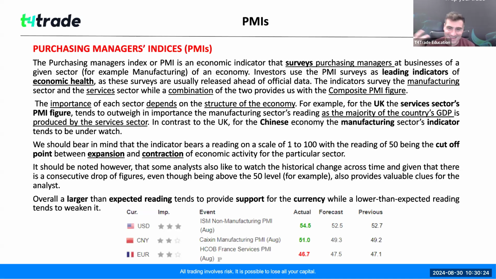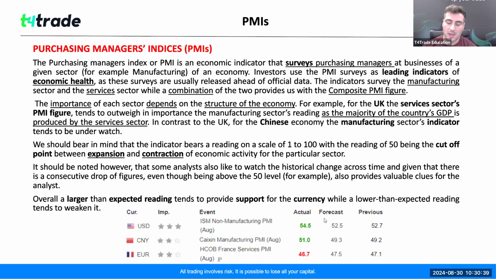You tend to look at that as well, the trend of PMI readings from a zoomed out perspective. Overall, a larger than expected reading tends to provide support for the currency for the reasons we just mentioned.